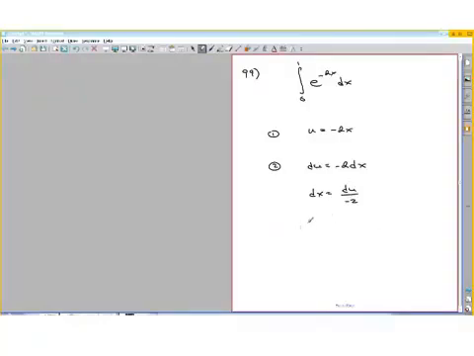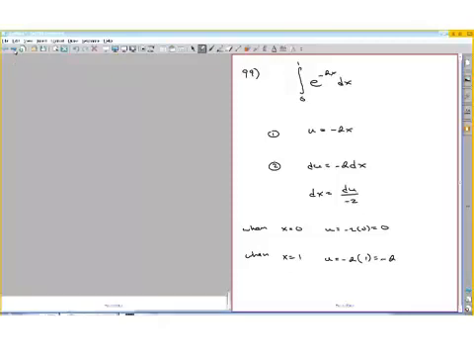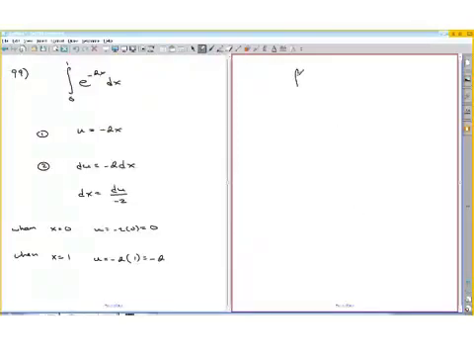Let's go ahead and redefine the limits. When x equals 0, u equals negative 2 times 0, which is 0. And when x is equal to 1, u is equal to negative 2 times 1, which is negative 2. So with the substitution of the limits, we integrate from 0 to negative 2, which is still fine.